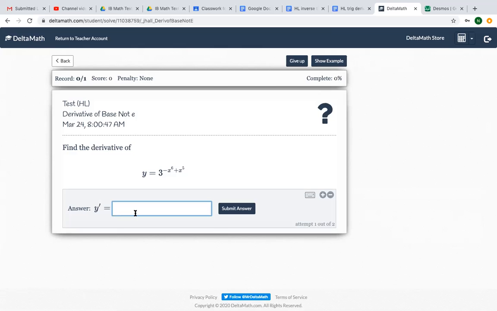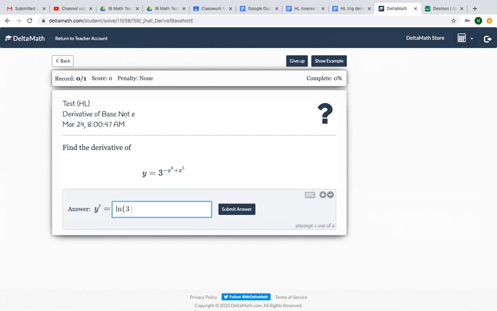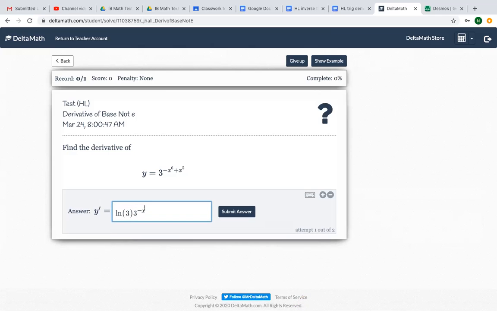It's a natural log. So it'll start with the natural log of 3 times what's already there, 3 to the power, plus x to the fifth, times the derivative of what's in the top: negative 6x to the fifth plus 5x to the fourth.